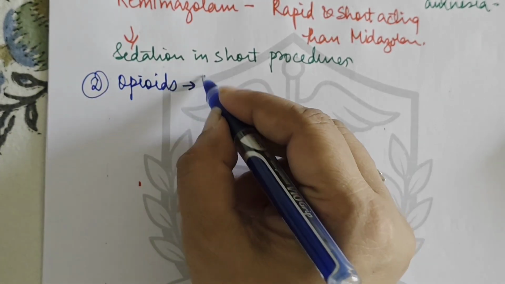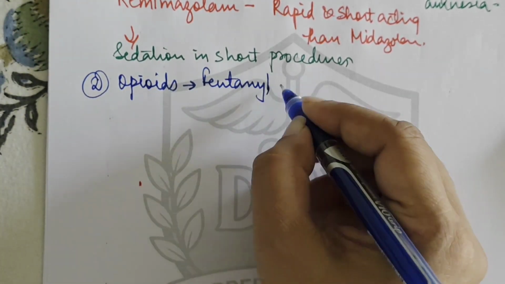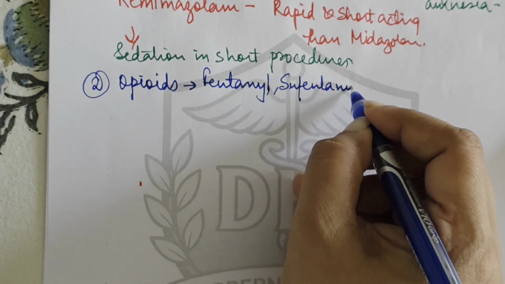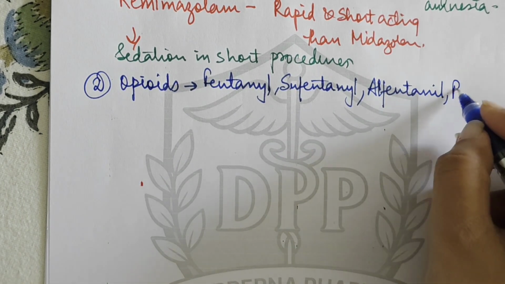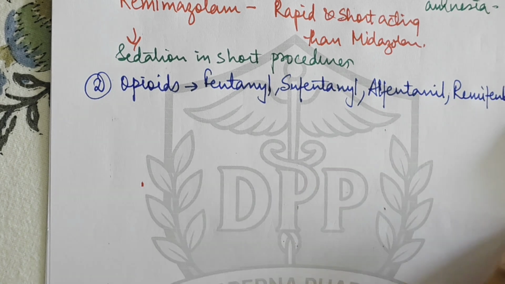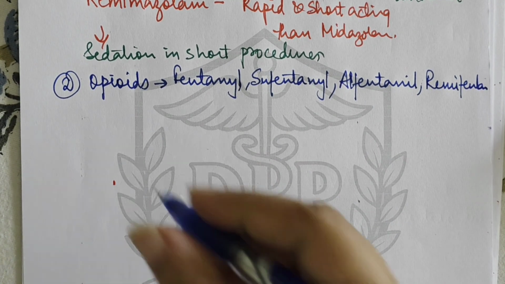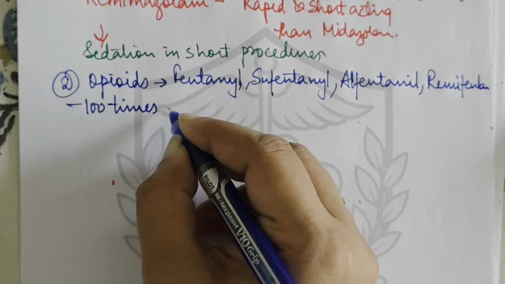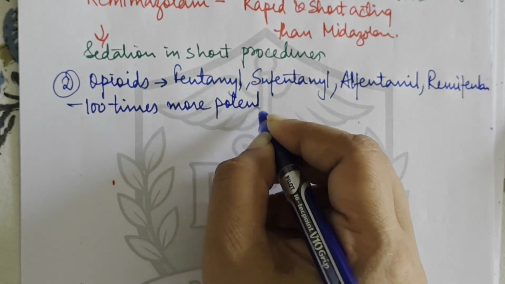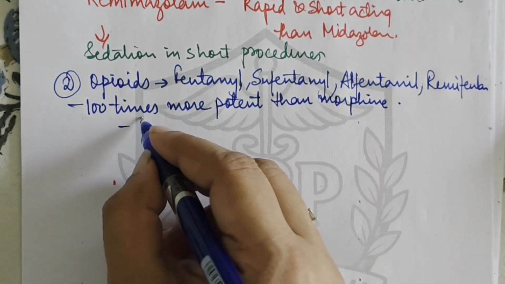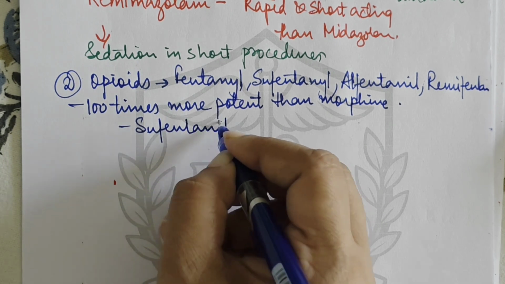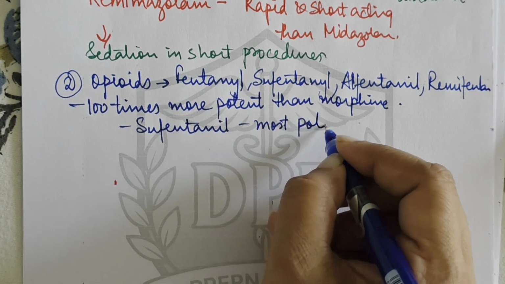Now opioids, what are the drugs which are used? We have fentanyl, sufentanil, alfentanil, and remifentanil, right? These are the drugs which are used. Now they are 100 times more potent than morphine, right? We know that sufentanil is the most potent.